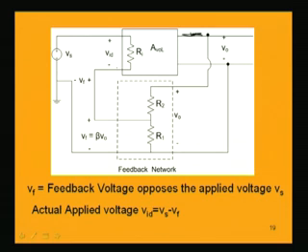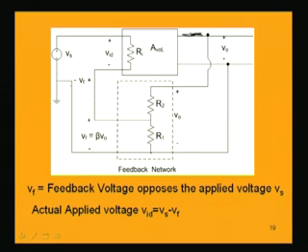So, if we consider the input side, we have a voltage Vs and another voltage Vf, but the polarities are such that this point is positive and this point is negative, because this point is positive and this point is actually ground.